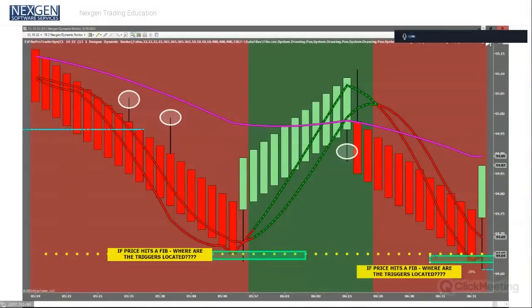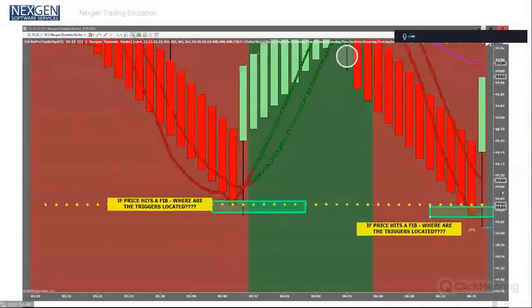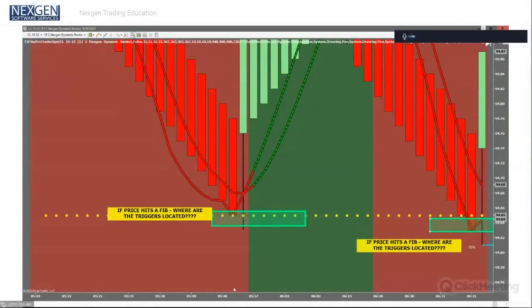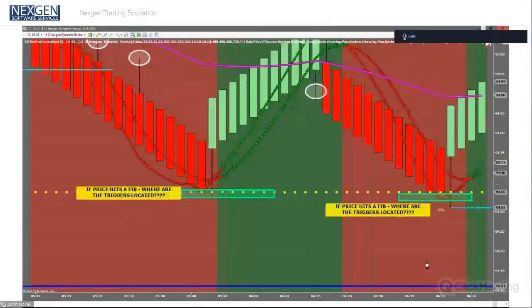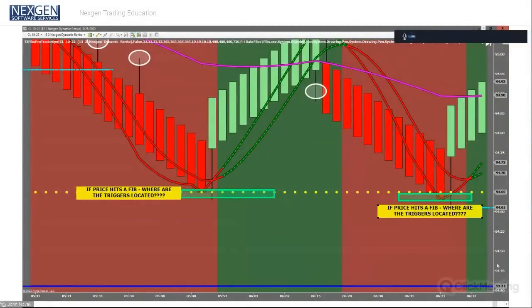And I know they were stronger, but are they both beyond or below the yellow dots? No. So, any trade short after that becomes a little bit more difficult. That's called a termination condition.